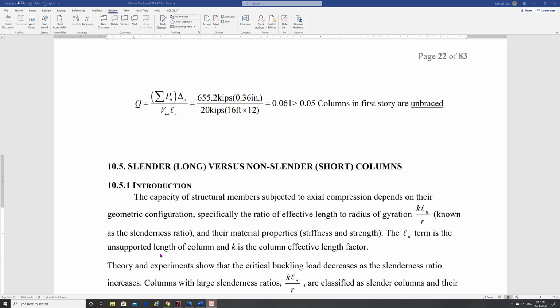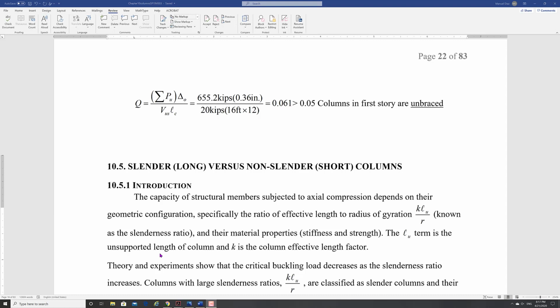So that's a factor that simply accounts for what portion of that length of the column behaves like a column having two simple supports.